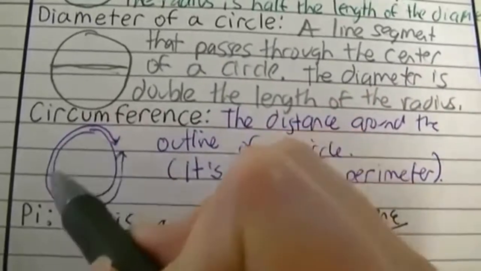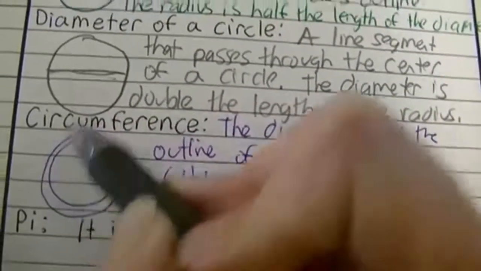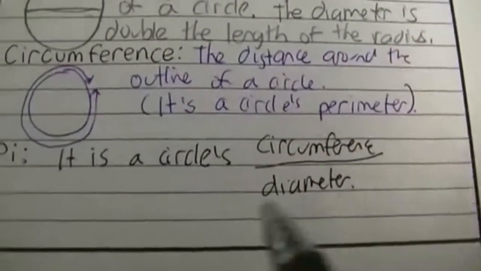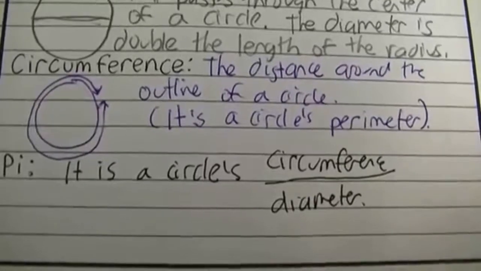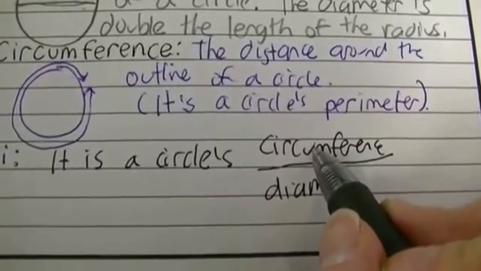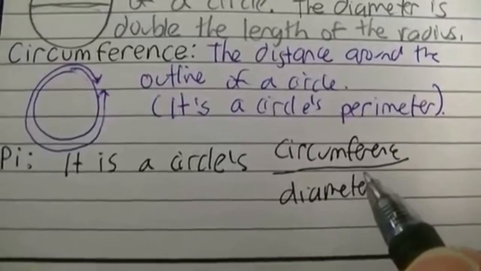Okay, so you take the outer length, its circumference, and divide it by that length all the way across. Okay, and you know what you're always going to get? You're always going to get pi. So if you take the circumference of any circle and divide it by the diameter of that same circle, you're going to get pi.